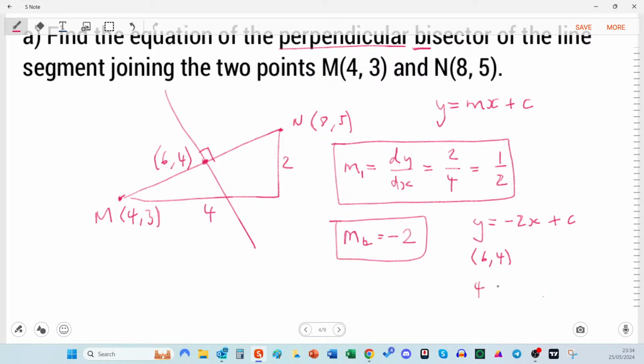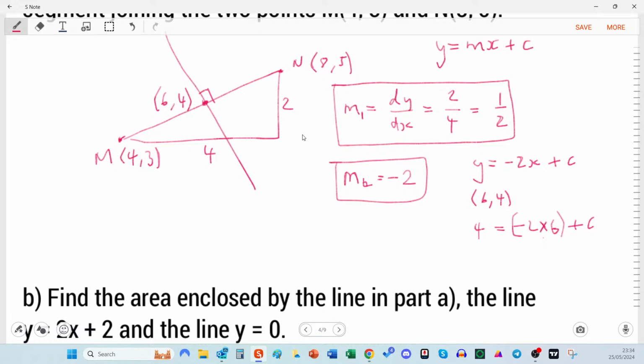So y is 4, so 4 equals minus 2 times 6, because x is 6, plus c. I'd love to cut a long story short here, but we're going to do it properly and thoroughly. Then we're going to add 12, so 16. C is 16?